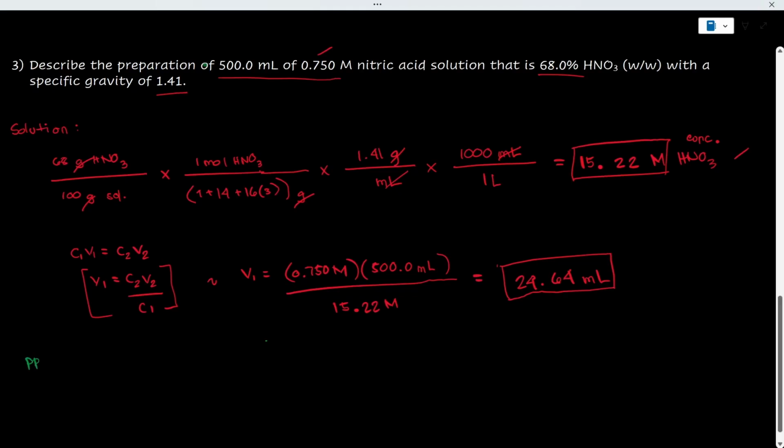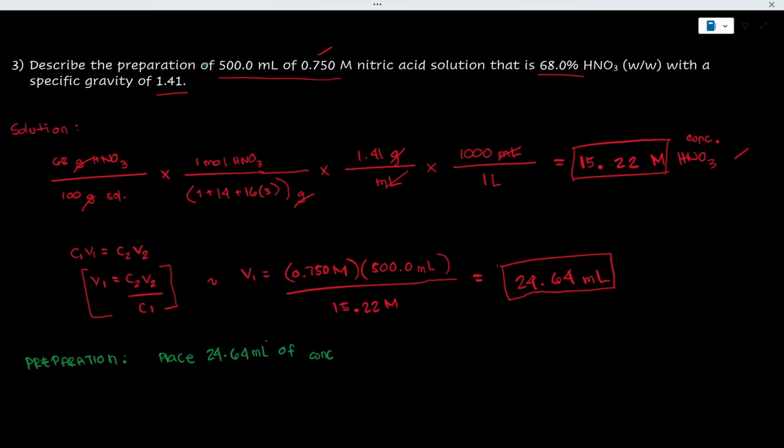Let's describe the preparation. Place 24.64 ml of concentrated nitric acid into a 500 ml volumetric flask.